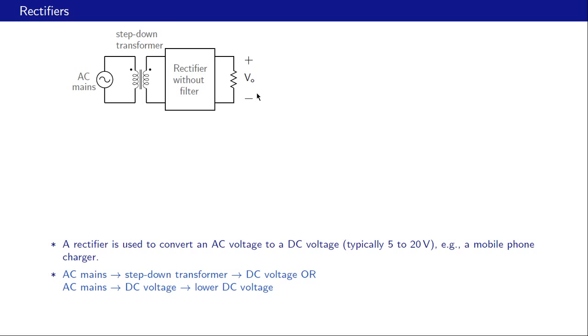Okay, let us now look at the waveforms. Here are the waveforms for a half wave rectifier without filter. This blue curve is the input voltage, the step down input voltage as it appears over here, and the pink one is the output voltage VO.